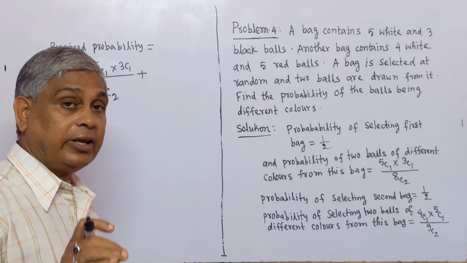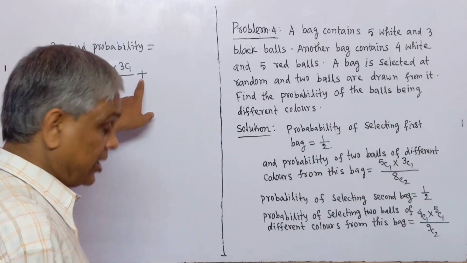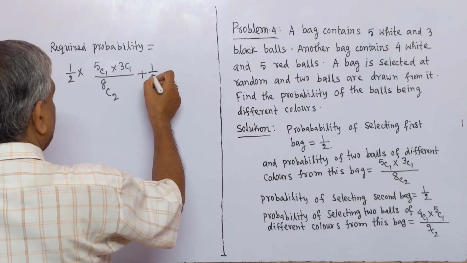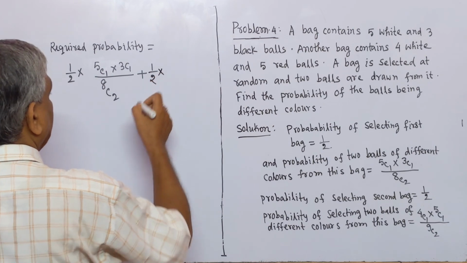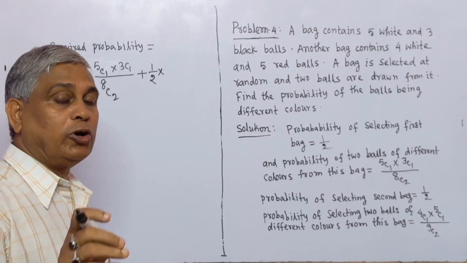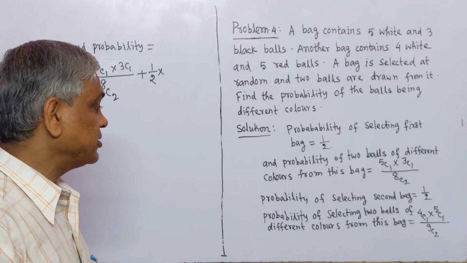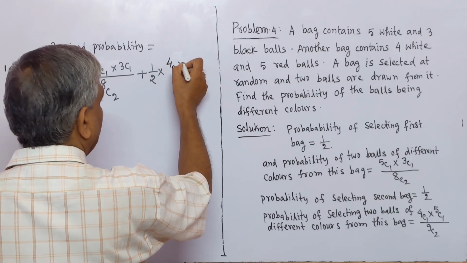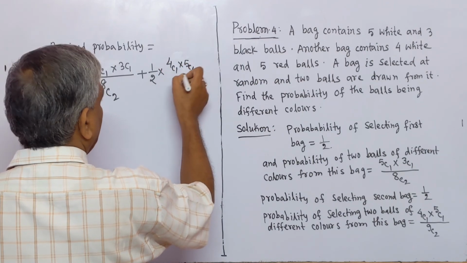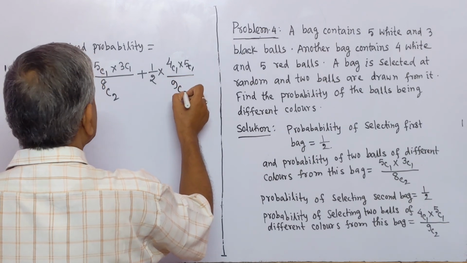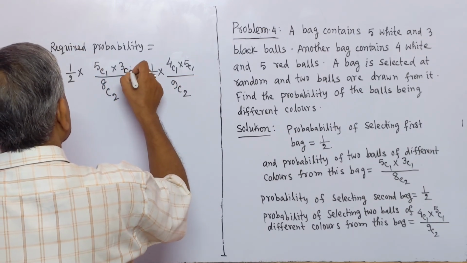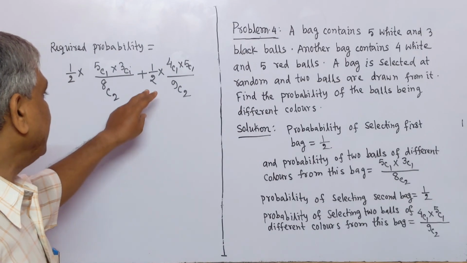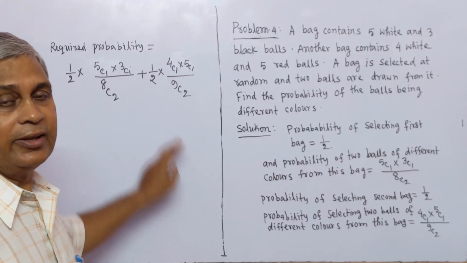Or if second bag is selected, or means here plus, mutually exclusive events, second bag is selected, this probability is half, and we select two balls of different color from the second bag, and for this probability will be 4C1 multiply 5C1 by 9C2. So this is the required probability, and we may calculate this and find the required probability.